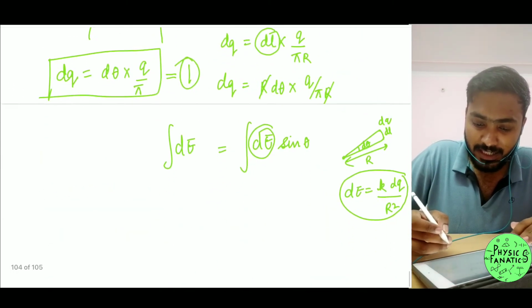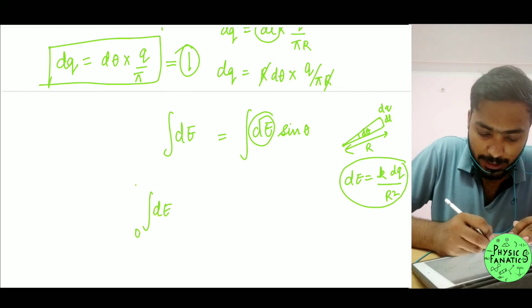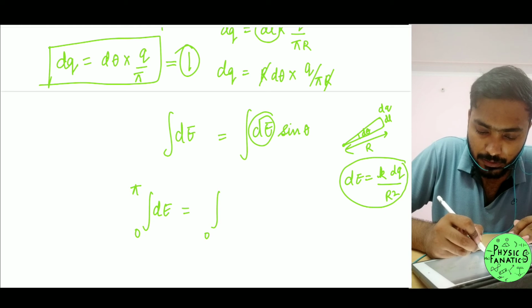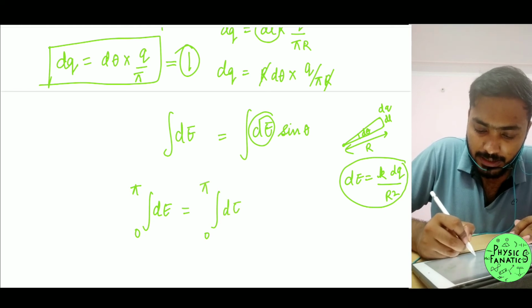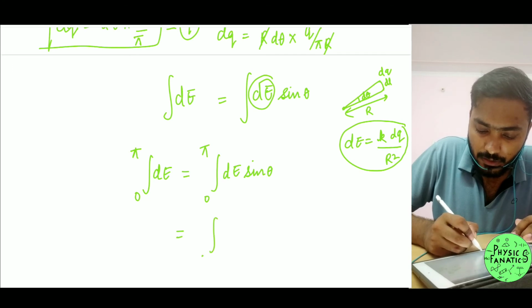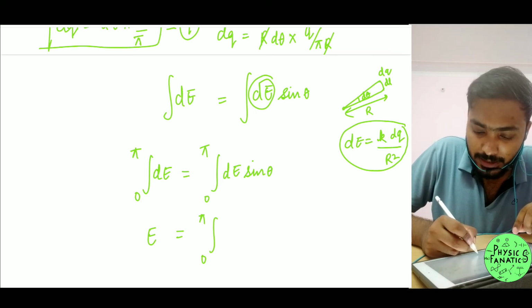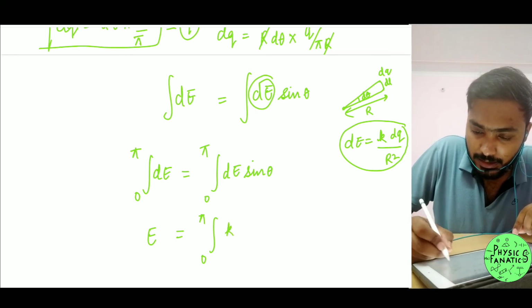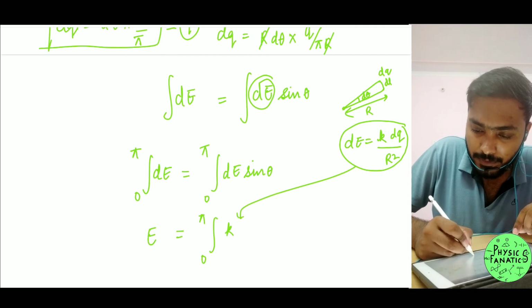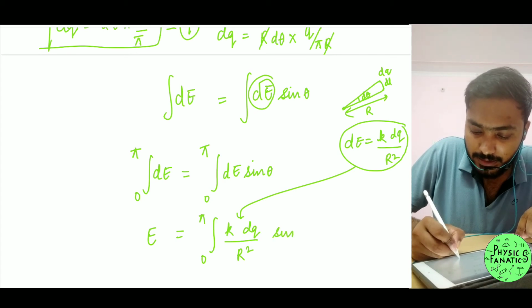So I can write your dE integration from 0 to pi of dE sine theta, and this will be the net electric field at the center. dE is actually k dq upon r square, and this is multiplied by sine theta.